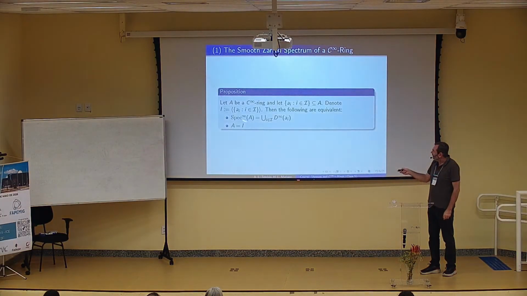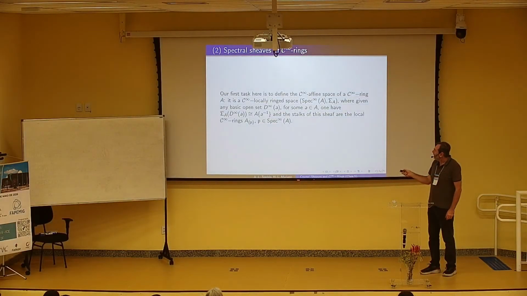Algo que eu mencionei em outro momento: se você cobre o espectro por reunião de abertos básicos, associados com um ideal, se esses A's geram um ideal I, então esse ideal vai ser impróprio, vai ser o anel inteiro, se e somente se o espaço é coberto por eles.